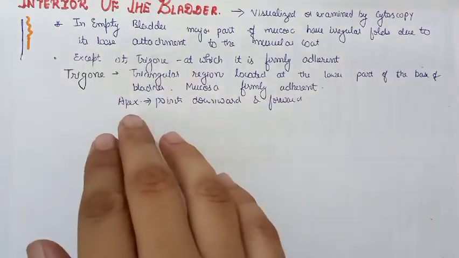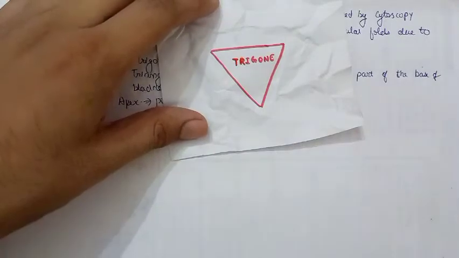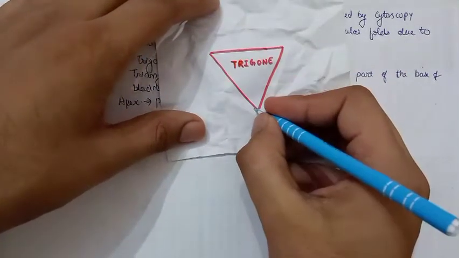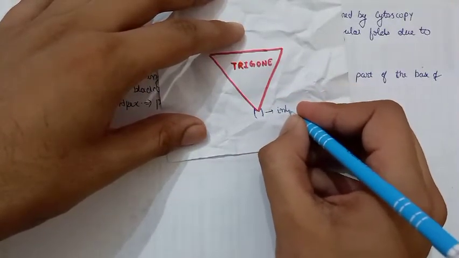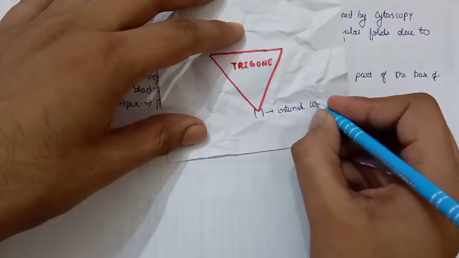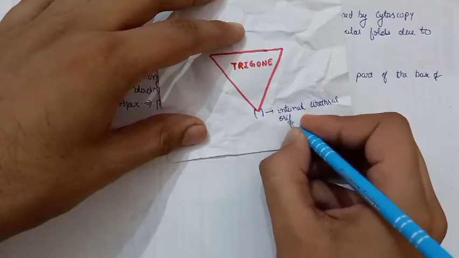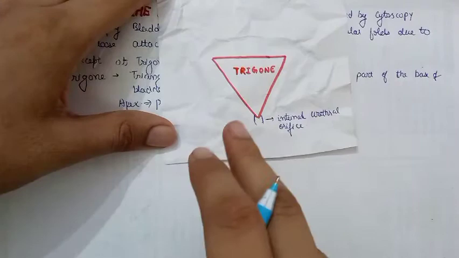So what's so special about the apex of the trigone? The internal urethral orifice is located here. So at the apex, the internal urethral orifice is located. Okay. So at the apex, what is located?